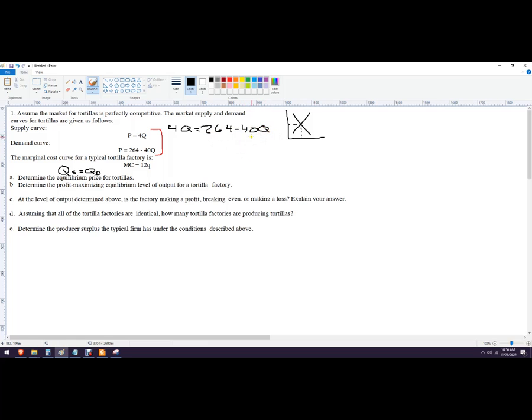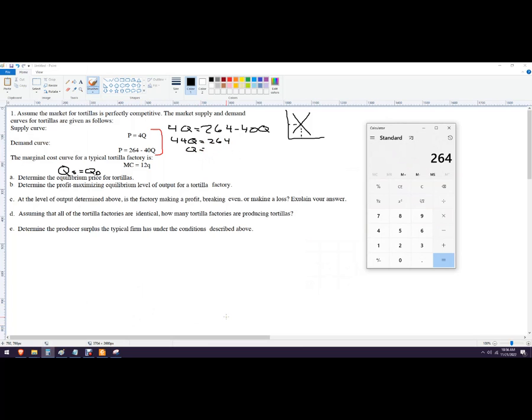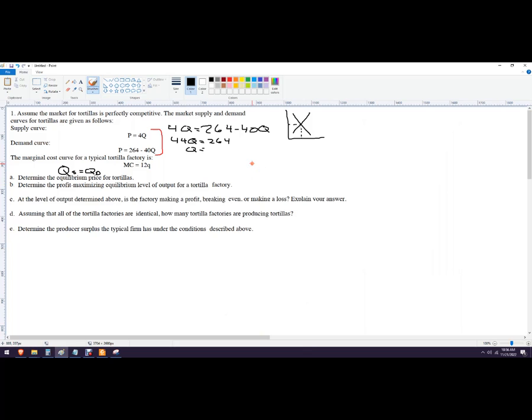I'm going to solve for Q. Sending that over, this will be 44Q equals 264. I put it in a calculator: 264 divided by 44 is 6. So 6 units of tortillas is the equilibrium quantity.